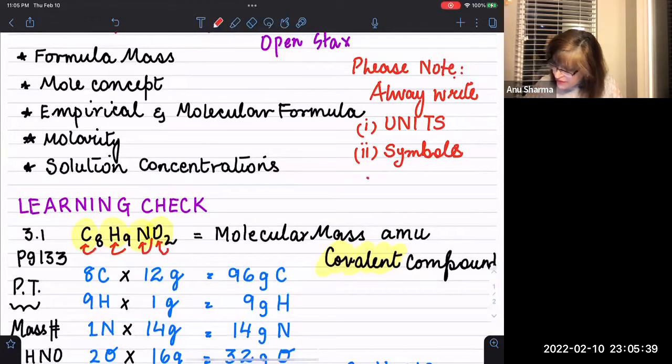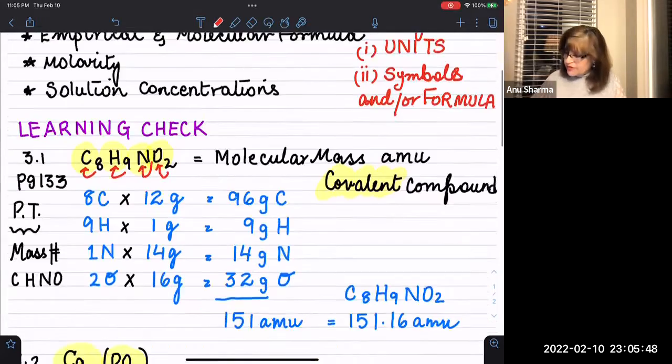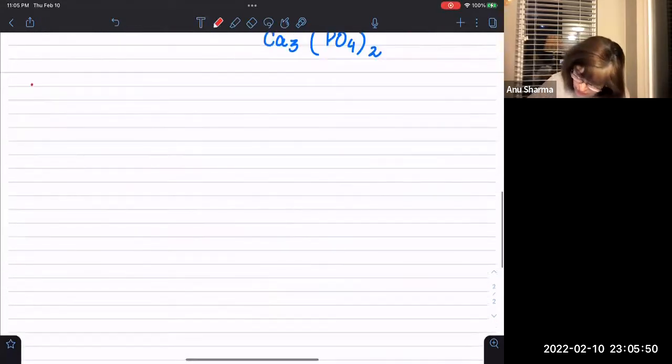So symbols and/or, depending upon the context, formula. Always.